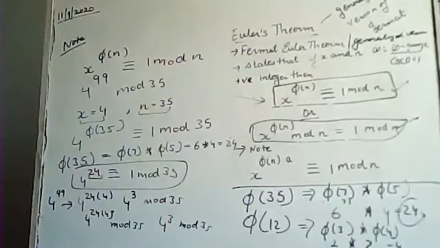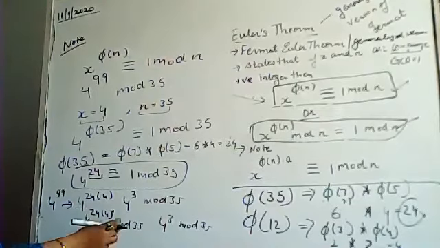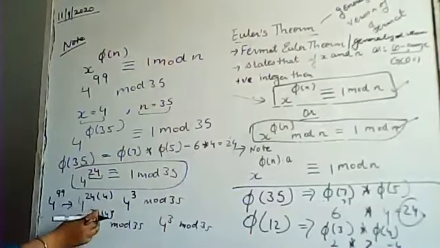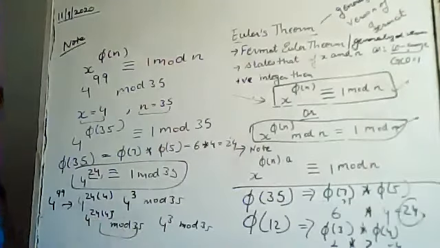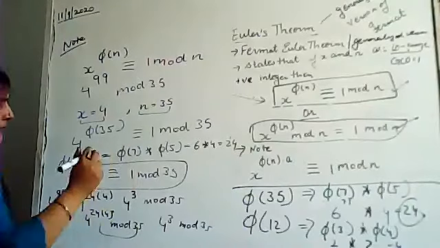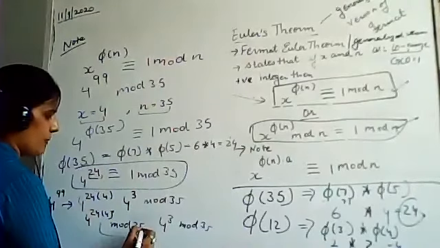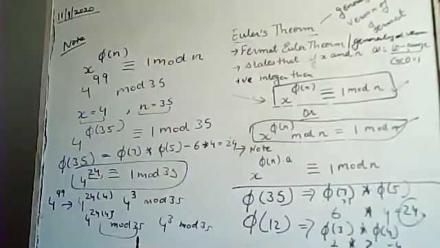Okay, so we have represented everything in the form of this 1 mod 35. This is congruent, that means this will also be congruent. So what answer will we be getting? 1 over here. This will be my answer, 1 mod 35, that is 1 over here.